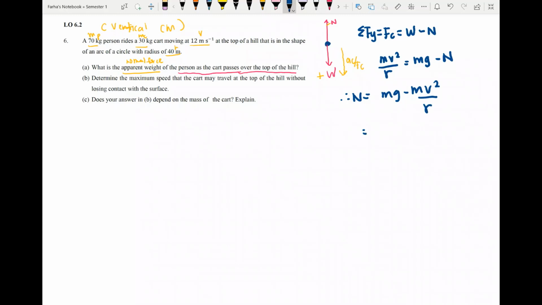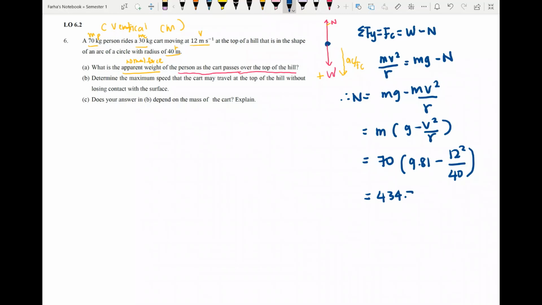Kita masukkanlah nilai. So, m g tolak v square over r. Okay, mass adalah mass of the person. Okay, masukkan velocity dan juga kita punya radius. Then we get 434.7 Newton.